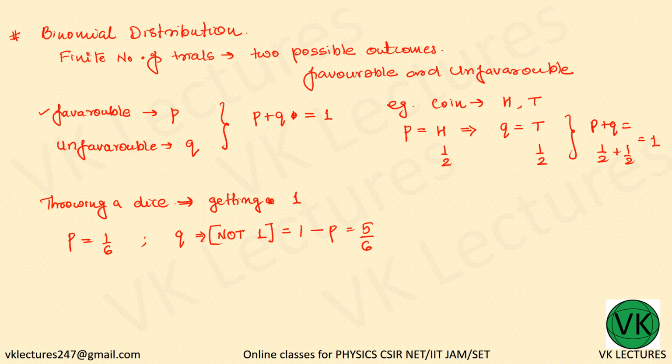When you throw a dice, the sample space is 1, 2, 3, 4, 5 or 6. Getting a 1 is my favorable probability, that is 1 by 6. Unfavorable, Q, is not 1, so it can be either 2, 3, 4, 5 or 6. That is 5 by 6.